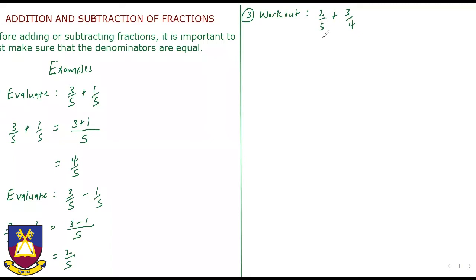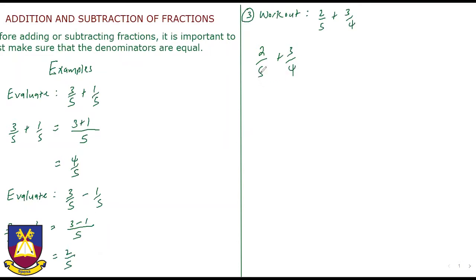Work out 2 over 5 plus 3 out of 4. Now we have 2 over 5 plus 3 out of 4. It's obvious that the denominator is not the same. This is 5, this is 4.